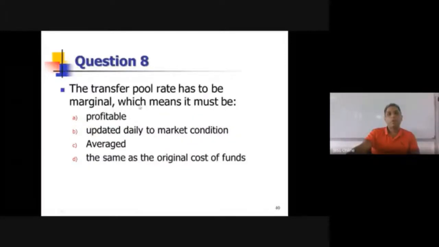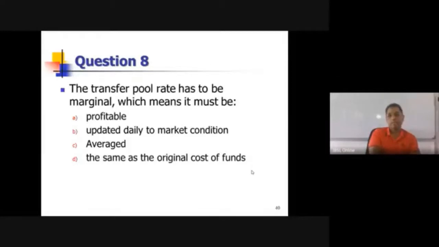Transfer pool rate has to be marginal, which means it must be profitable, updated daily to market condition, averaged the same as the original cost of funds. Which one is it? The transfer pool rate has to be marginal, which means it must be profitable, updated daily to market condition, averaged the same as the original cost of funds.